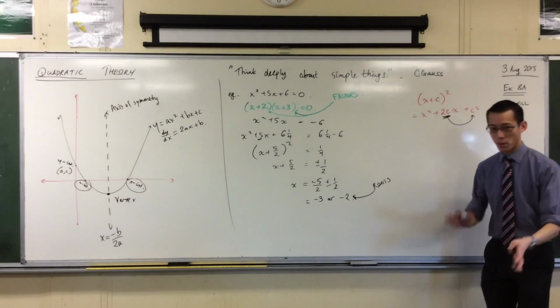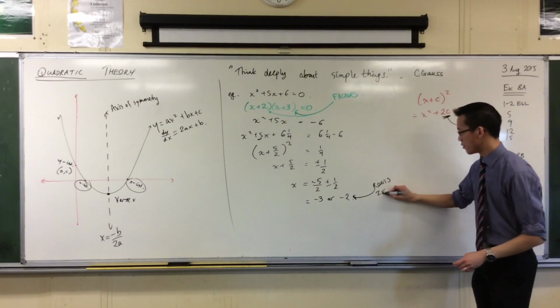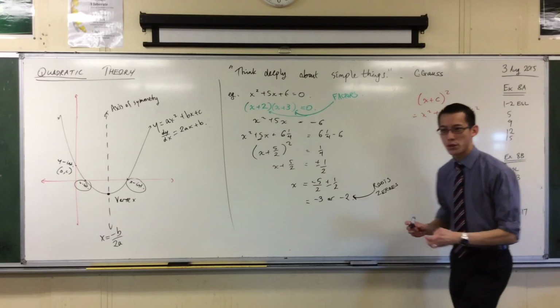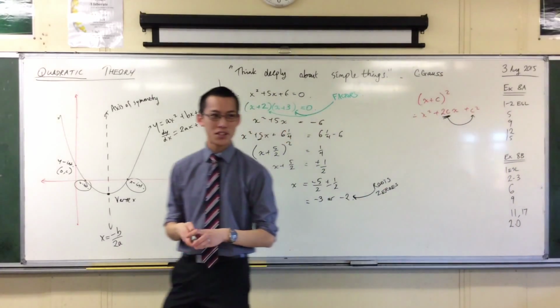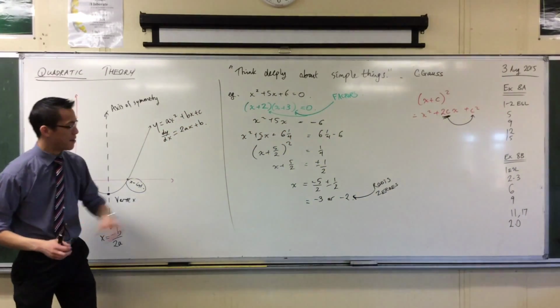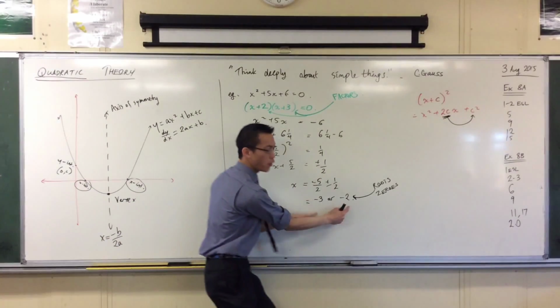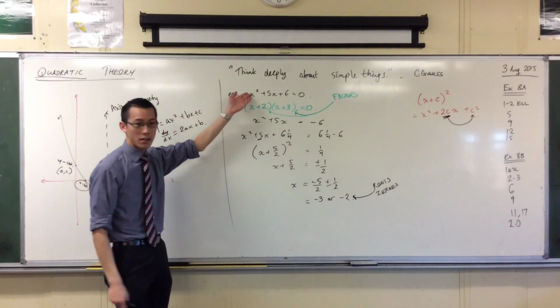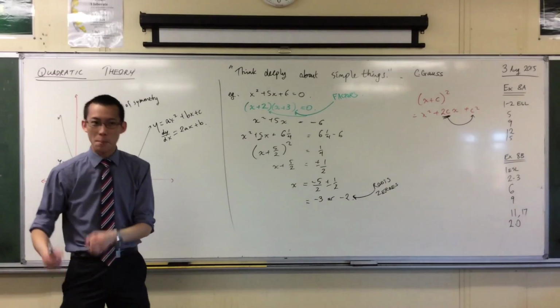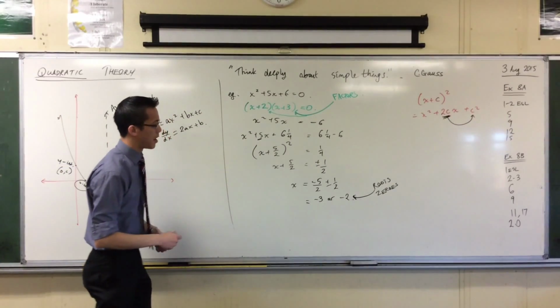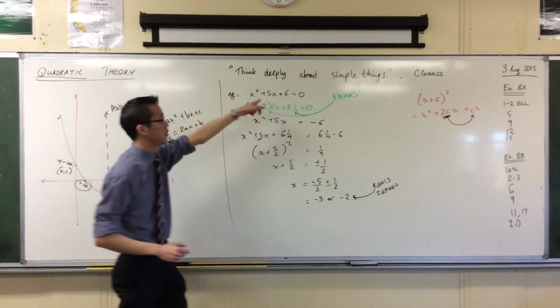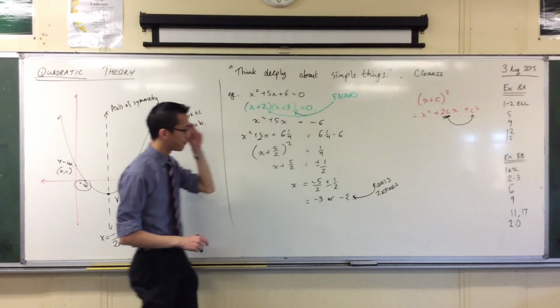Alternatively, a more technical way to say it is they are zeros, which is a bit confusing when you say to someone, my 0 is 2. What that means is, if you put either of these in to here, you get 0. It's what makes the function 0. In other words, they're the solutions, because that's what I want, equals 0.